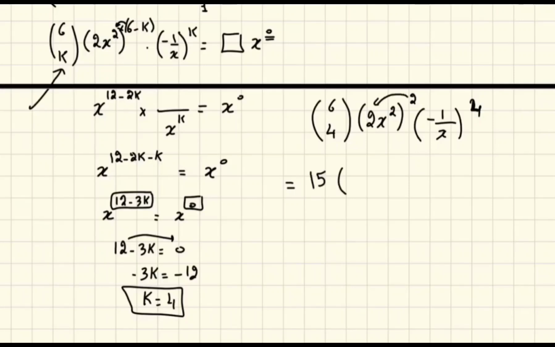And then I distribute the square here and there. We get 4x exponent 4. Now, negative 1 exponent 4, because 4 is even, it becomes only 1, and x exponent 4. Now, as you can notice, x exponent 4 with x exponent 4, they cancel, and we get 15 times 4, which is 60 in this case.